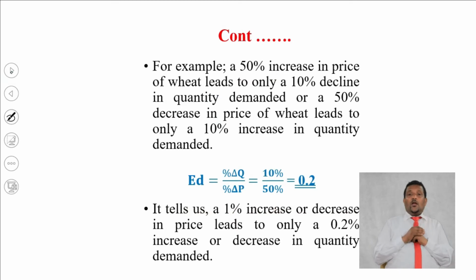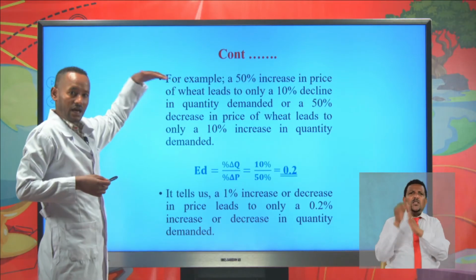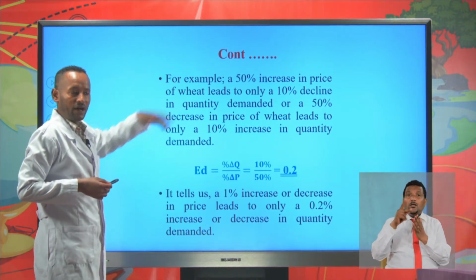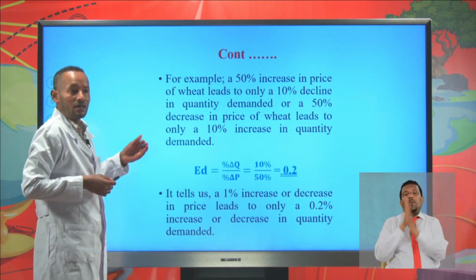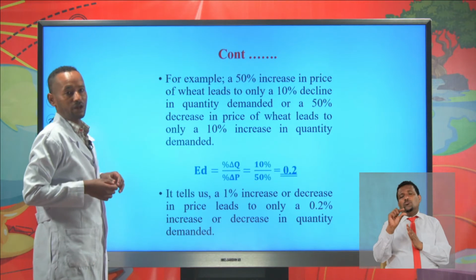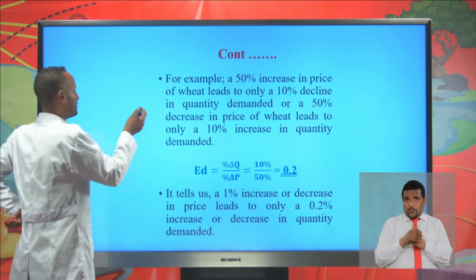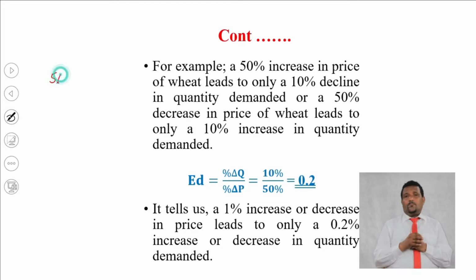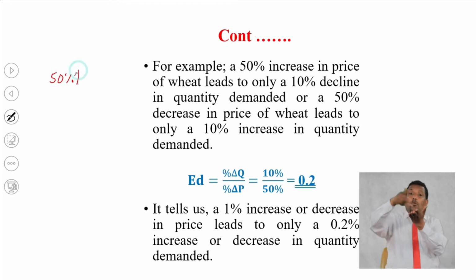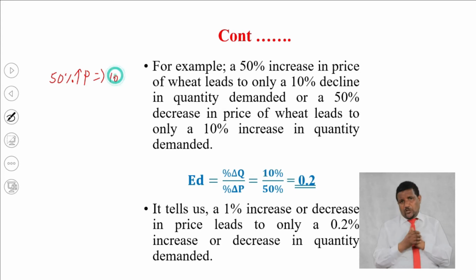For example, a 50% increase in price is a large increment in price, but the resulting decrement in quantity demanded is lesser than the increment in price of a commodity. From this example, a 50% increase in the price of a commodity leads to only a 10% decline in quantity demanded.